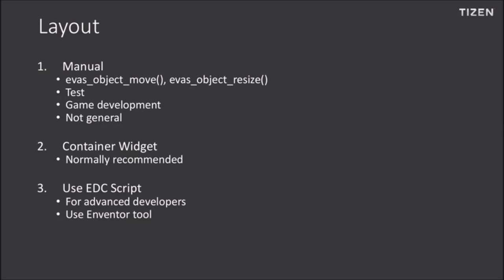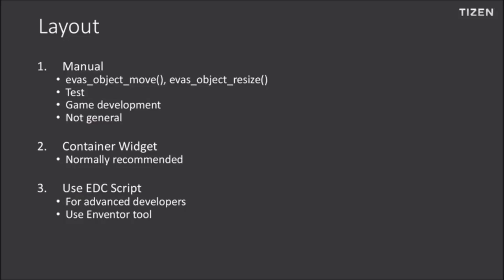There are three common ways to create applications layout. First, manually handling objects. Move and resize your objects manually, pixel by pixel. In this way, you can place objects pixel perfectly. But this application would not be scalable.